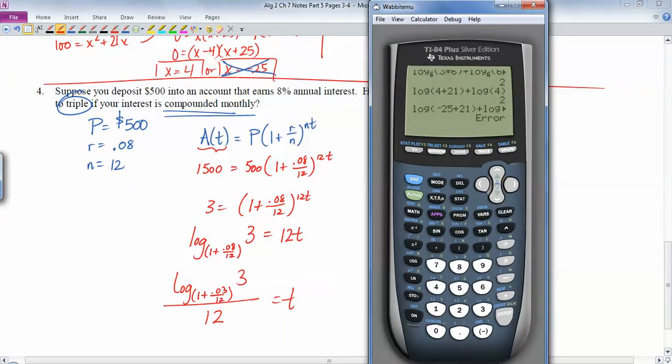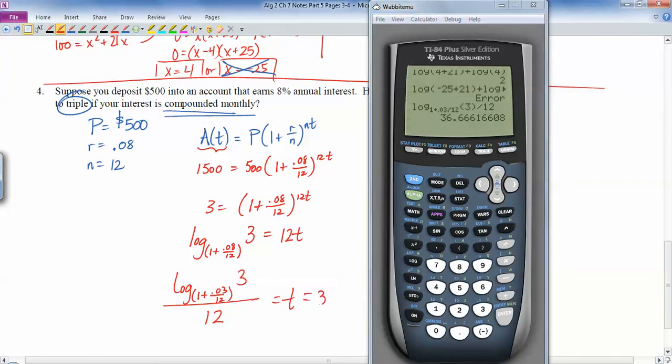So we've got log base, and then the base is 1 plus 0.03 divided by 12. And then the number inside the log is just 3. And then we're going to divide the whole thing by 12 at the end. So t is 36.67 years, let's say.